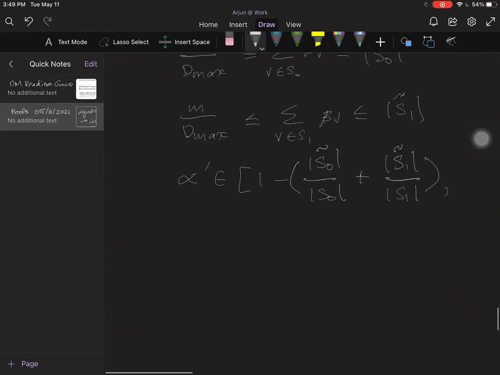And on the other side, the upper bound of alpha prime is going to be based on the lower bound for the sum of all the beta v's. So it's going to look like this: 1 minus m over d max plus 1 over S1.